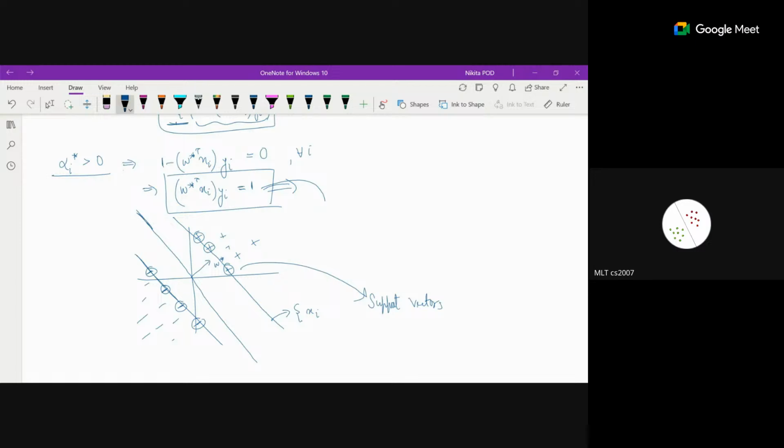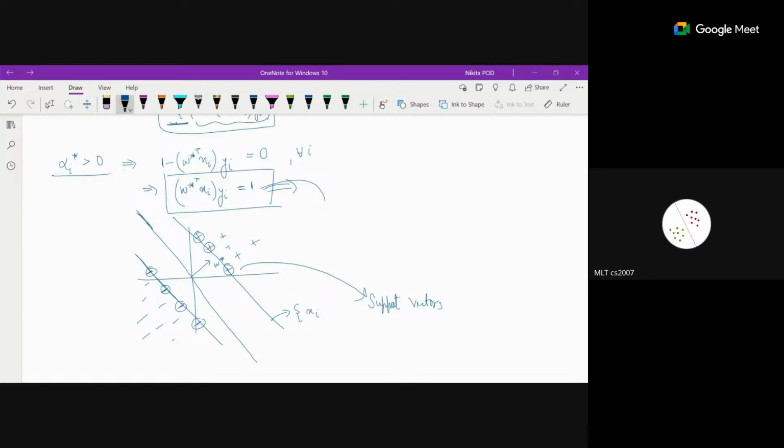And this algorithm that we just saw for finding these points is what we call the support vector machine, in short SVM. So my W star is just a sparse linear combination of my data points. So this was about the support vector machine.